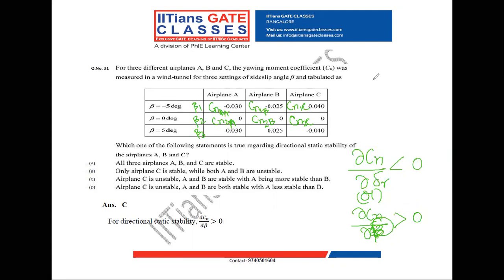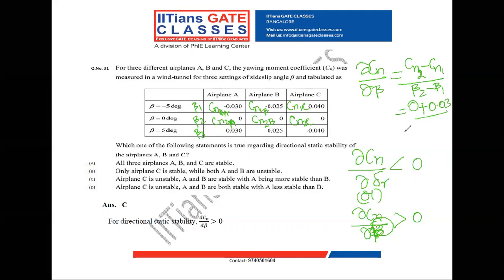First we'll take airplane A. So ∂Cn/∂β is equal to (Cn2 minus Cn1) divided by (beta 2 minus beta 1) for airplane A. Cn2 is nothing but 0, minus of minus 0.03, that is 0.03.